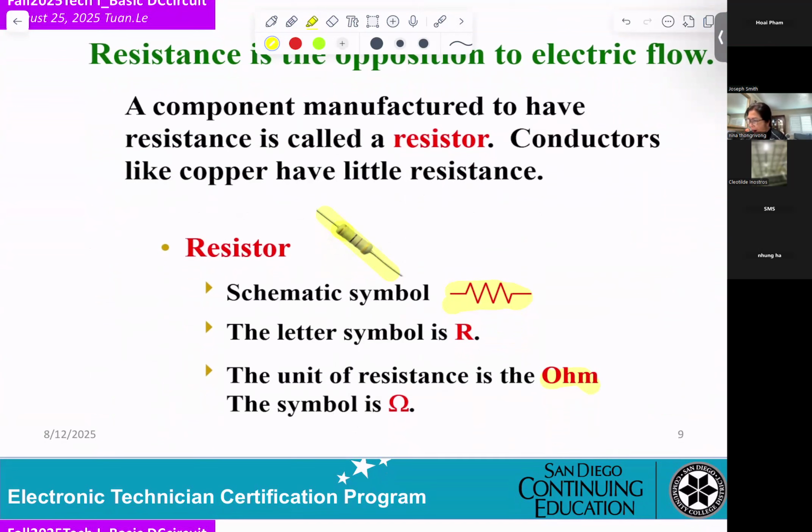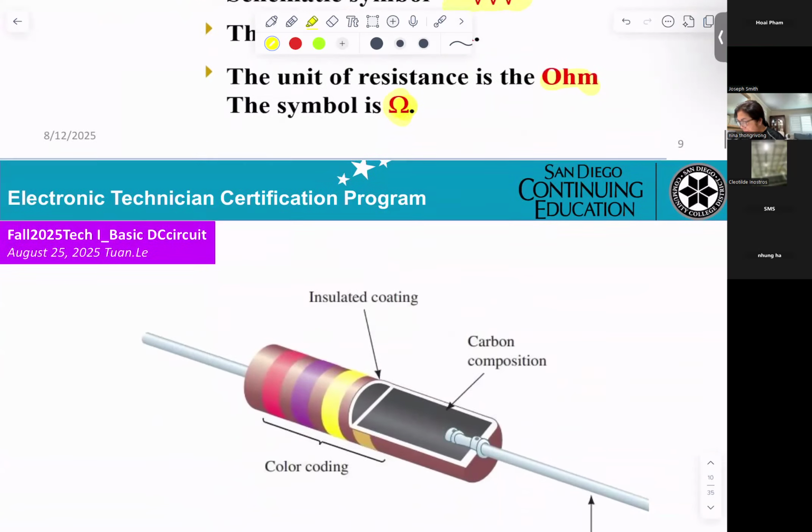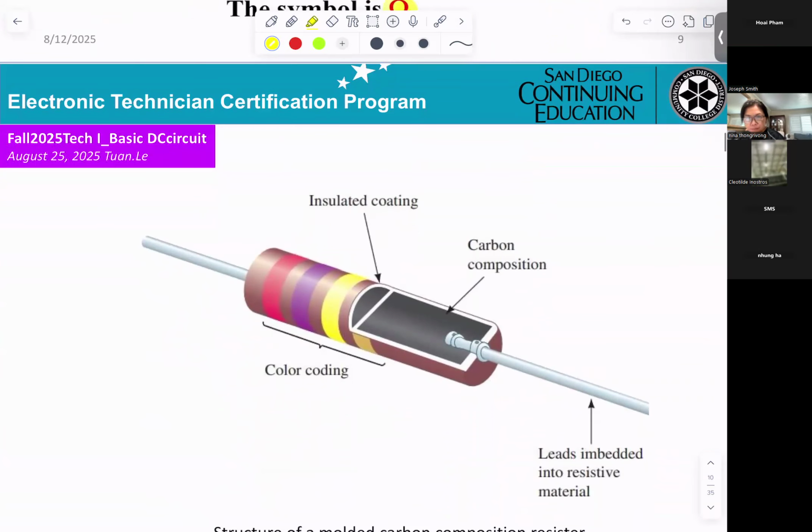You can get ohm, kilo ohm, mega ohm. Okay, ohm is the minimum. You cannot get smaller. And this is the symbol for the ohm. Just a resistor.